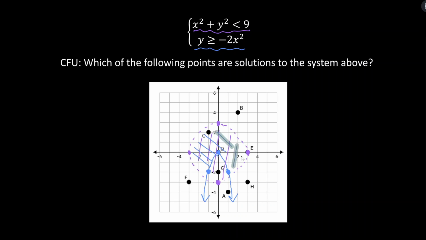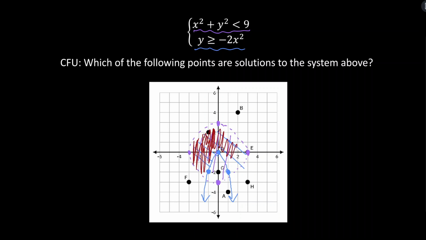All of this stuff, and in fact going up forever, is technically solutions to this specific inequality, but to the system it's all the stuff that is both inside the circle and above or on the parabola. So in red, I'll go ahead and show the solution to the system. All of this stuff here.